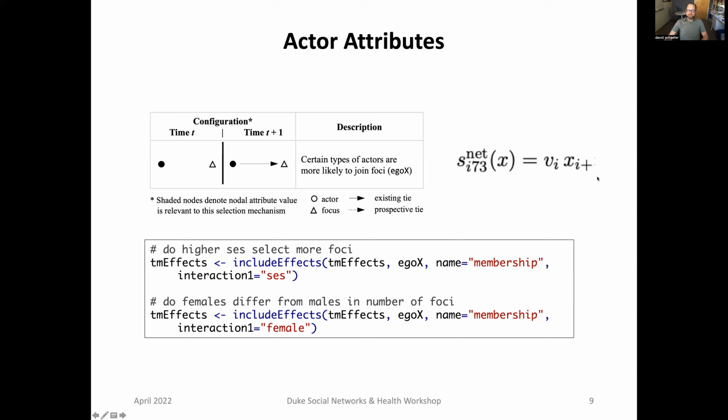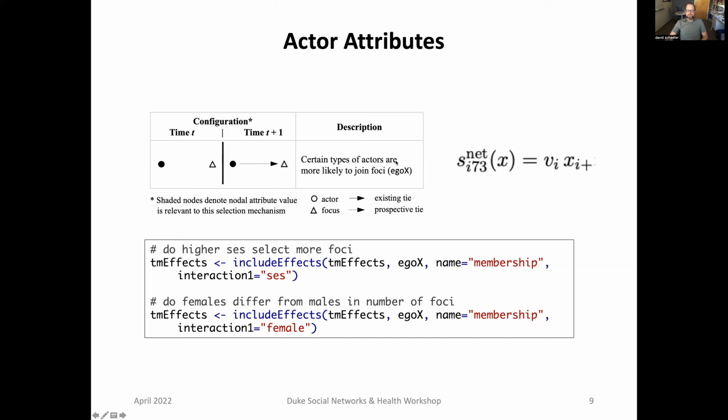So this is the ego X effect, and v sub i is a behavior or an exogenous attribute for actor i, and x i plus is looking at i's out-degree in the network. So their product.